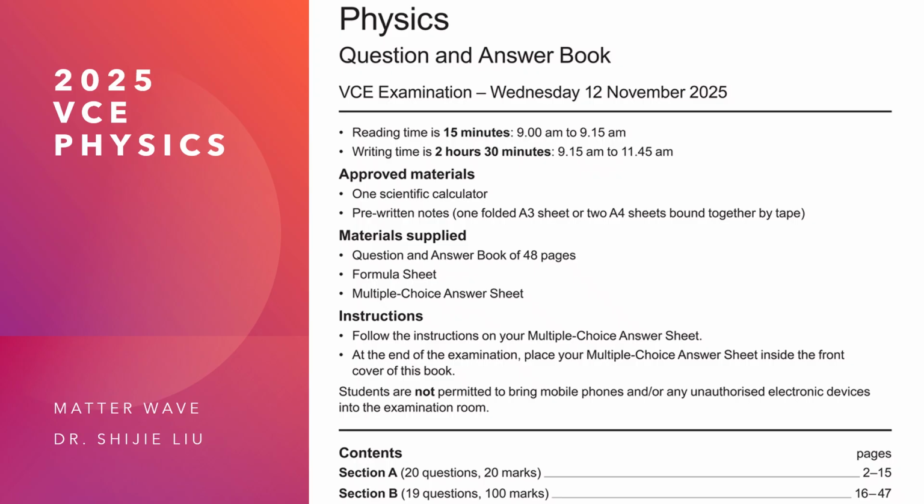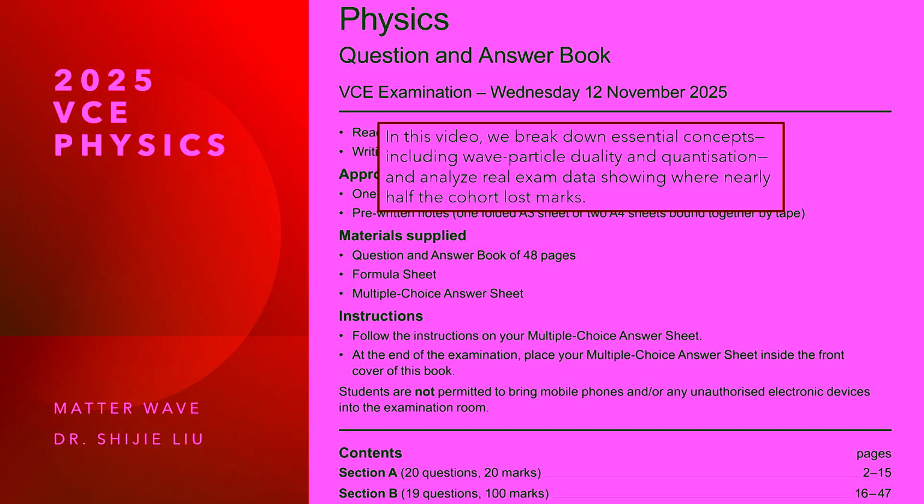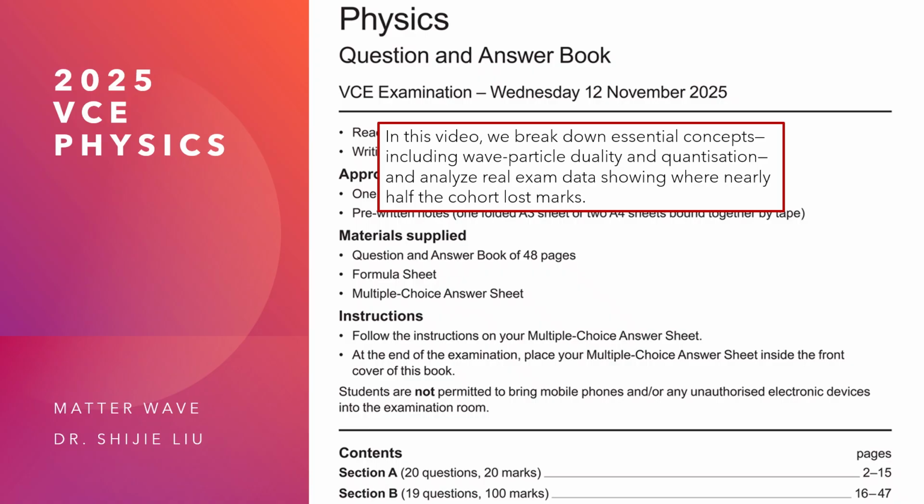We will master the trickiest quantum mechanics and matter wave questions on the VCE Physics exam with a structured, step-by-step approach. In this video, we break down essential concepts, including wave-particle duality and quantization, and analyze real exam data showing where nearly half the cohort lost marks.